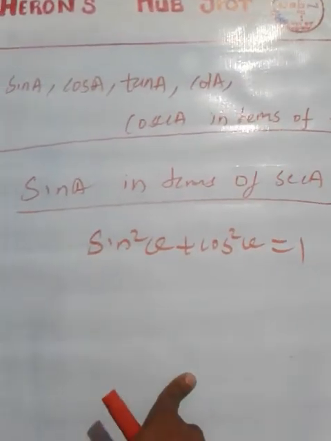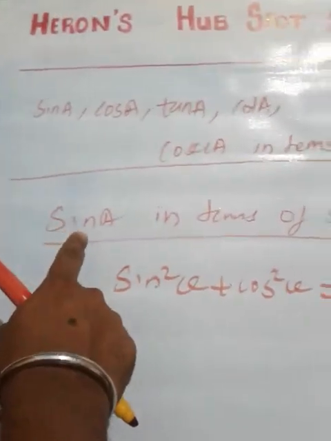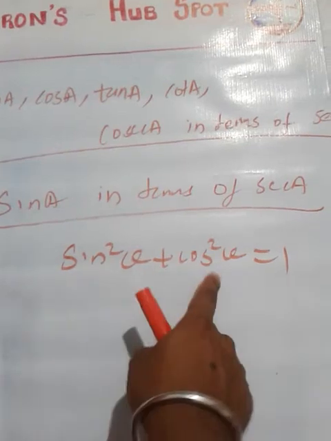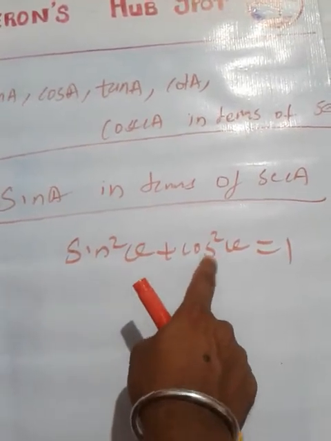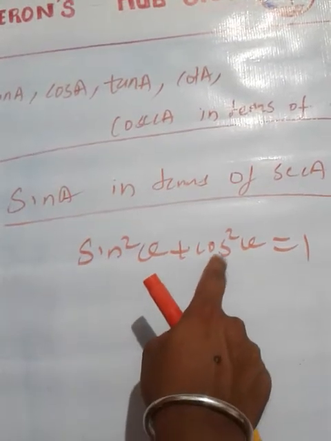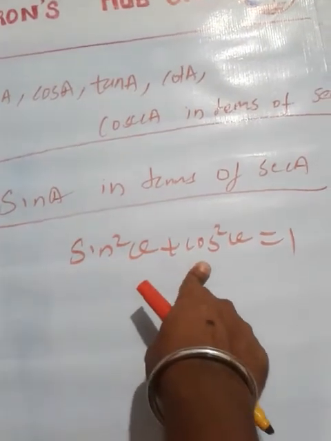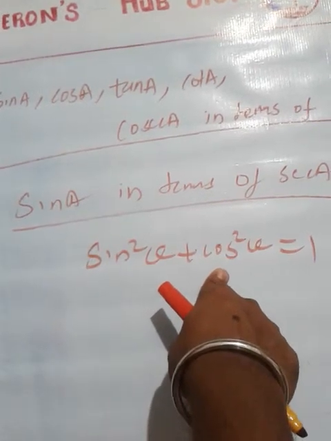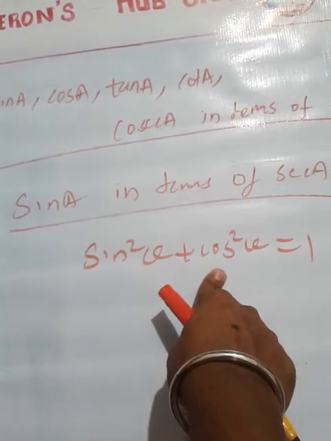It is not the relationship we need, because we have to relate sin and sec, but this is the relationship between sin and cos. Cos is nothing but what? 1 by sec. Cos is the inverse of sec. Why? Because sec is the inverse of cos, no? So cos should be the inverse of sec, isn't it?